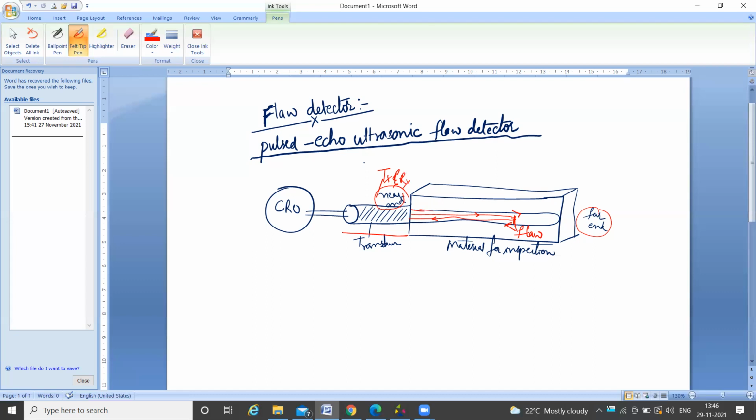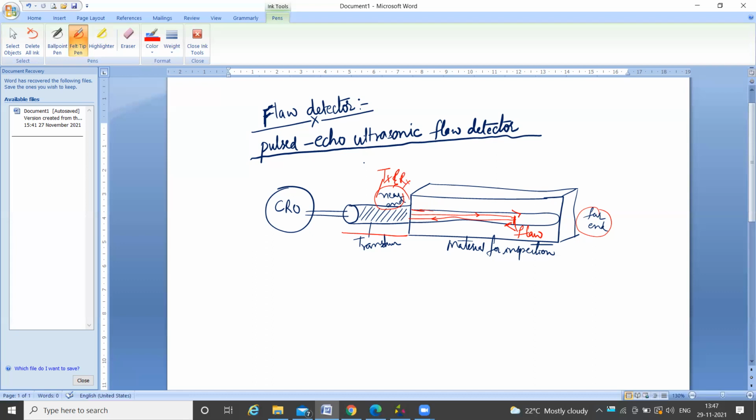In this way, we can find whether a fault is there in aluminum, brass, plastic, concrete, timber, any material. These ultrasonic waves are used to detect flaws in materials.